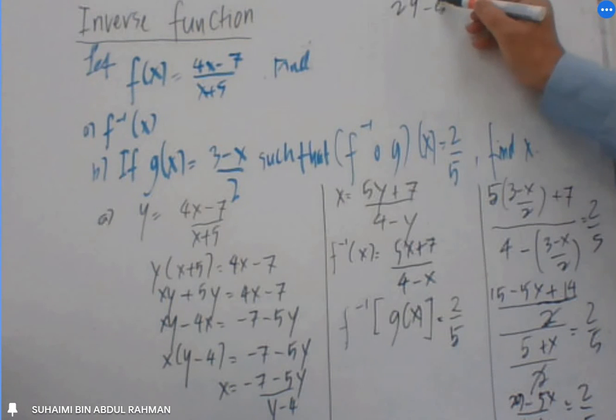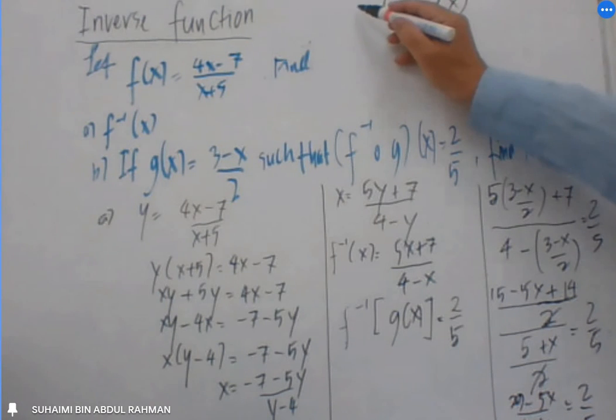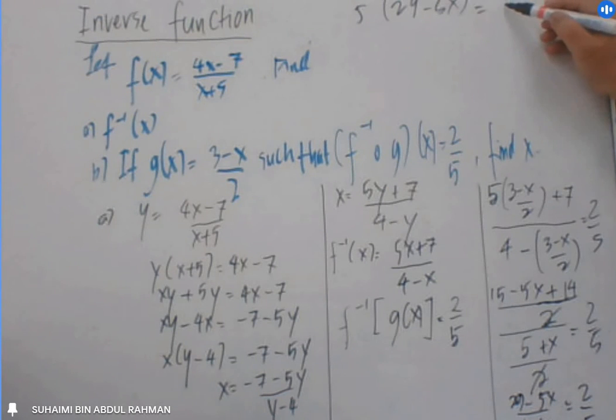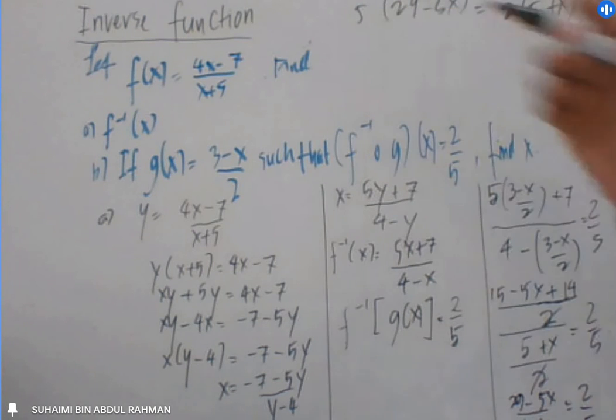29 minus 5x, you multiply by 5, and 2 you multiply by 5 plus x. So we get 29 times 5.